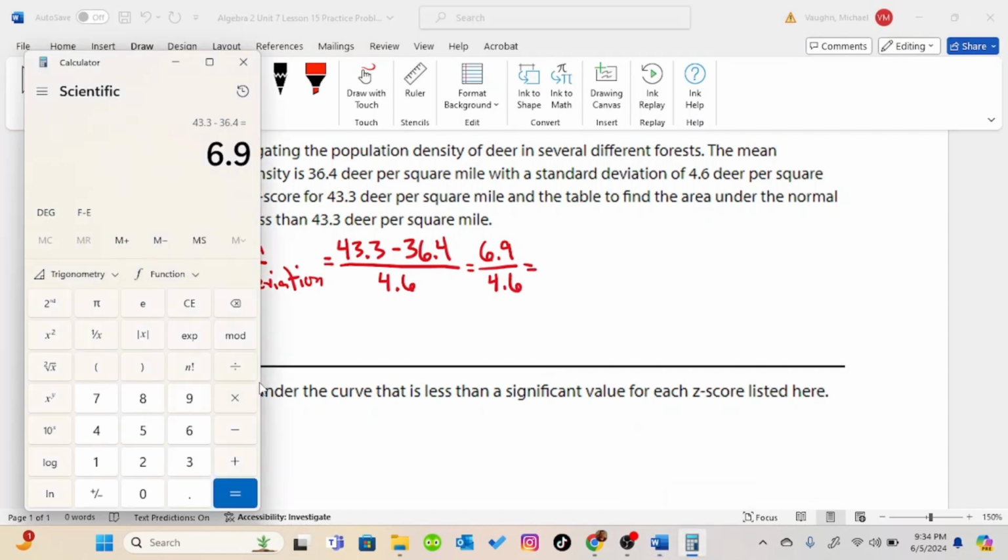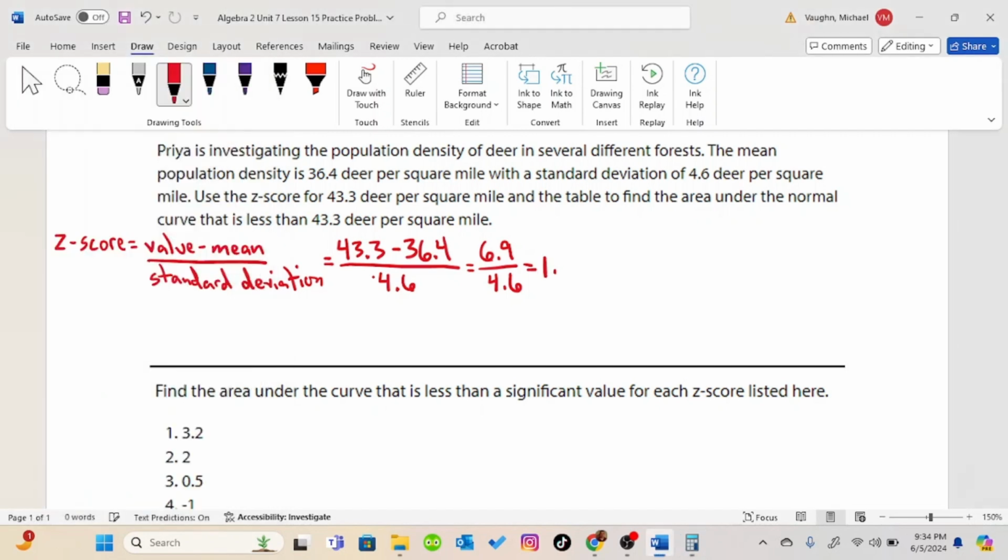And 6.9 divided by 4.6 is 1.5. So the z-score is 1.5.